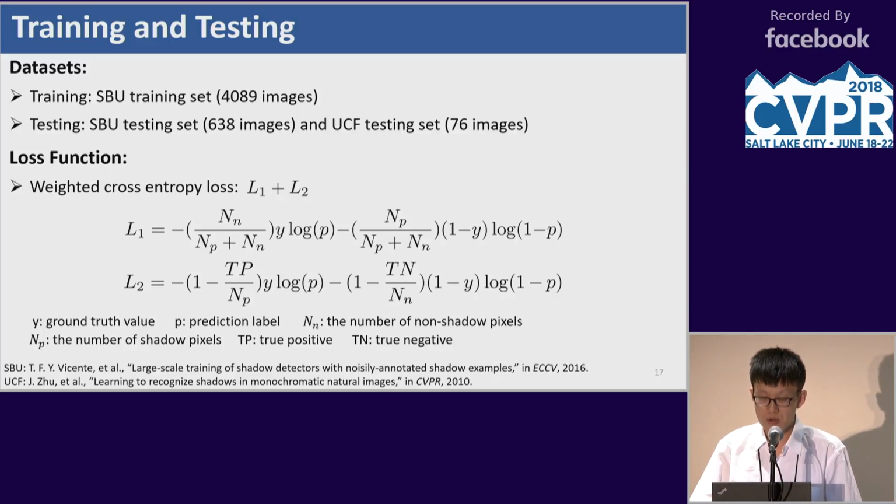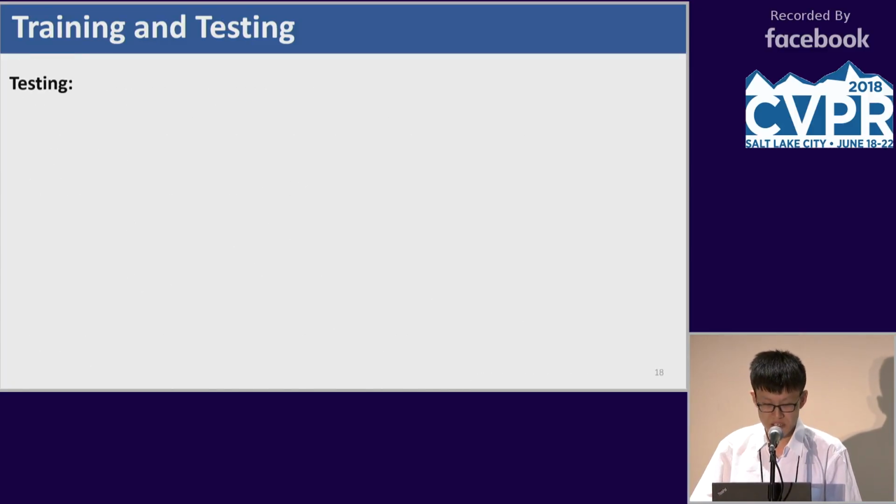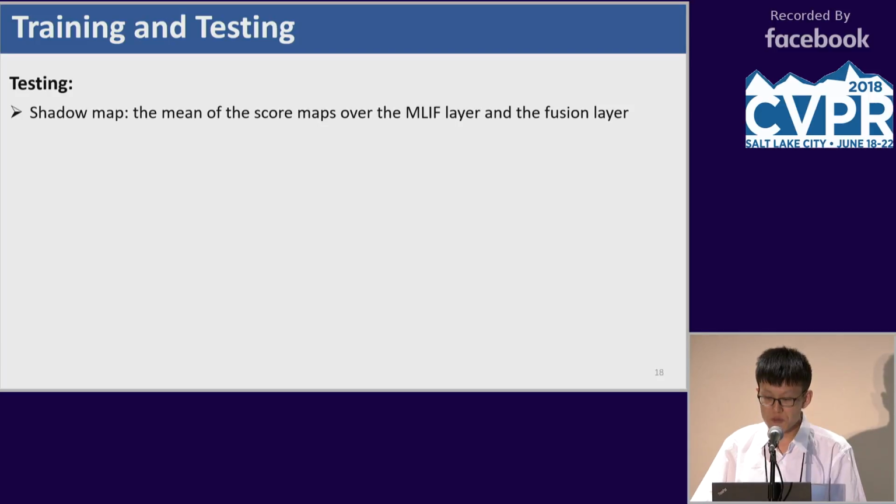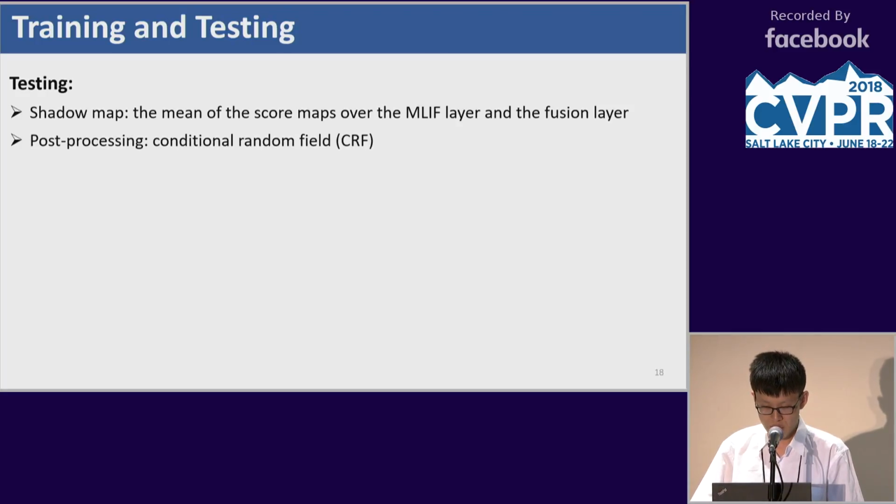Please see our paper for the details. In testing, we use the mean of the score maps over the MLIF layer and the fusion layer as the final shadow detection result. Like a number of other works, we apply CRF as a post-processing step to refine the shadow boundary.